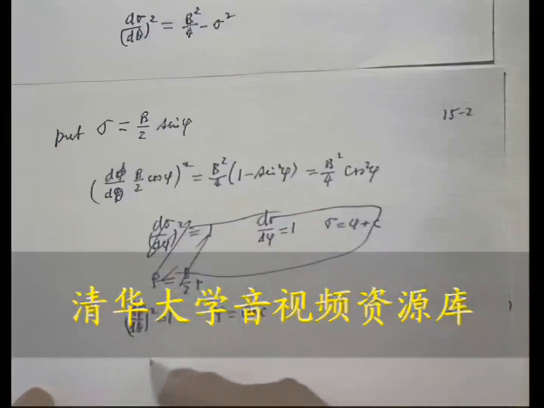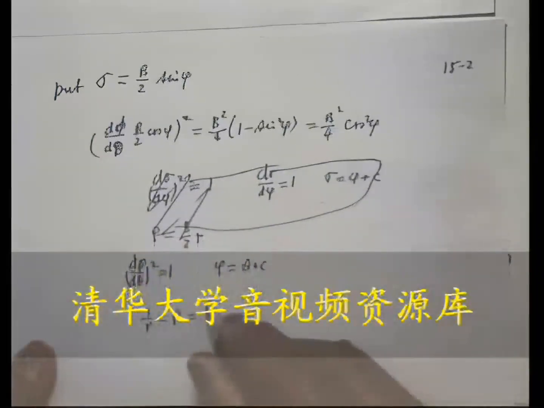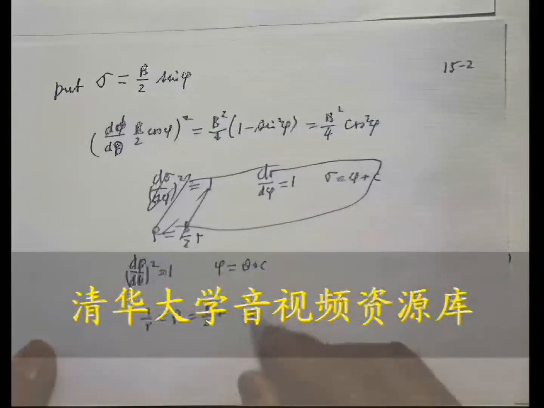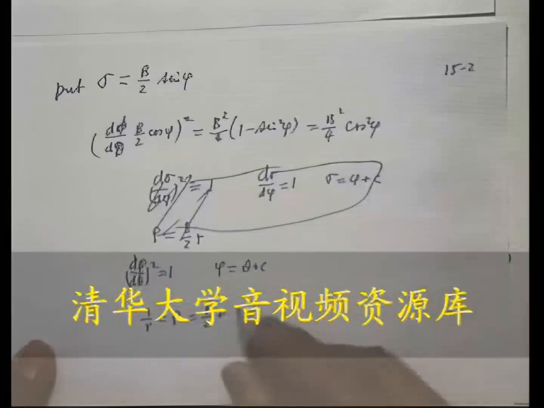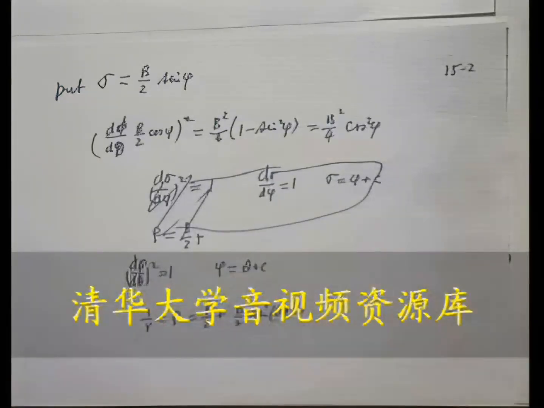So we get rho, 1 over r, is equal to rho, which is equal to b over 2 plus sigma. Plus sigma becomes b over 2 sine of phi. Sine of phi is sine of theta plus constant. But that constant, if you rotate the coordinates, you can forget about the constant.